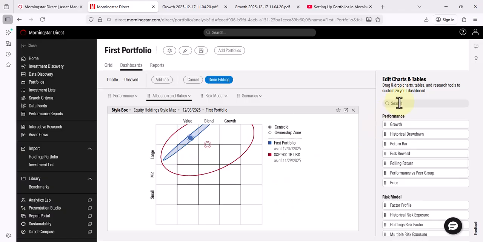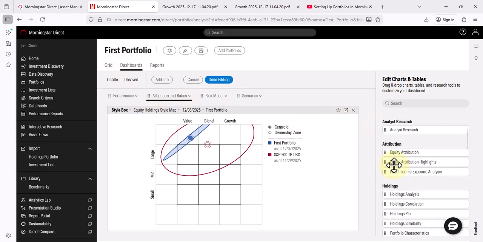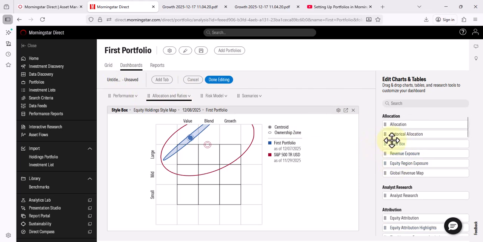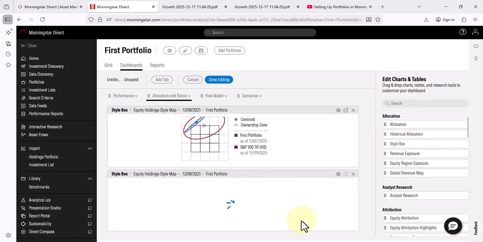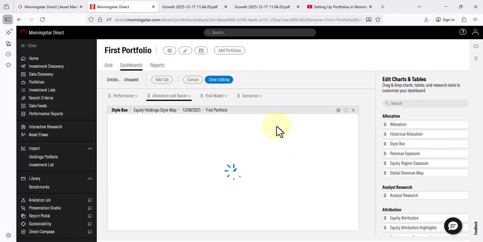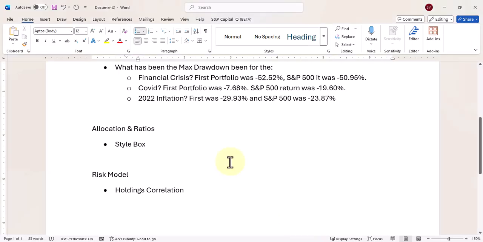So we can include that if that's not in your default dashboard. Where you're going to go for that, you're going to scroll to allocation, go to style box, and just pop that over there. All right, so let's move on as that's thinking.